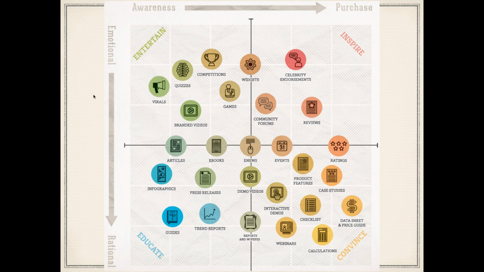And then the more emotional I get, you see the center line being the ratings. So ratings uses both logic and emotion to make a purchase. It's midway between inspire and convince.